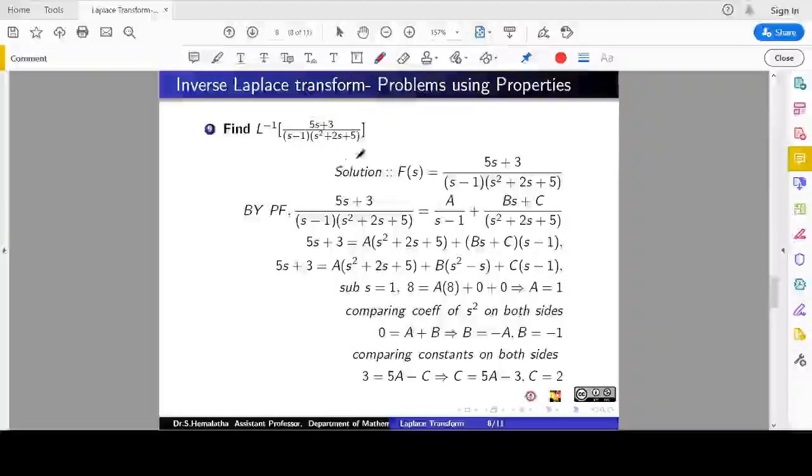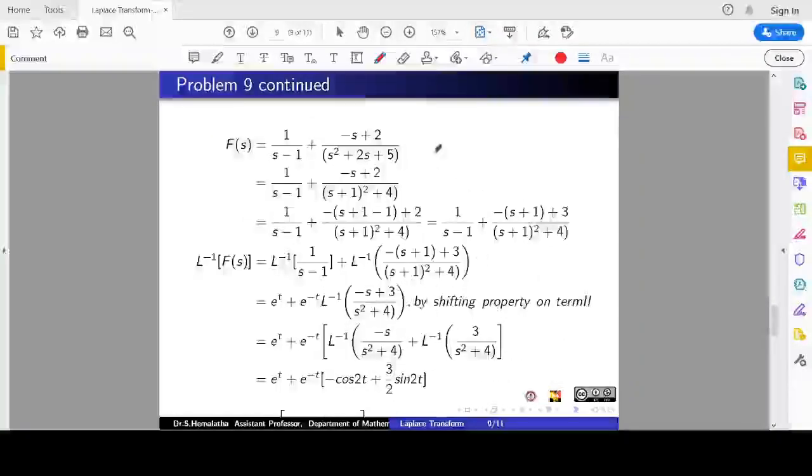So what we have to do is go ahead with partial fractions, splitting it as A by, because this cannot be put in factors, I write Bs plus C, and compute your A, B, C values as we do in the partial fraction scheme, and you get your Fs this way. This is our Fs.